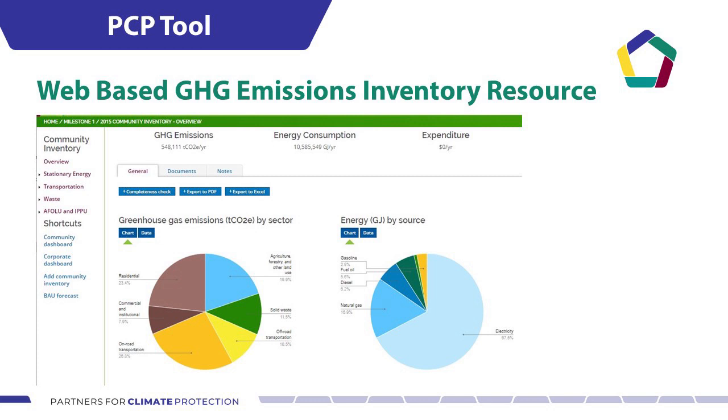So you can enter all of your data into this program, and it'll allow you to see what the emissions look like for both corporate and community. It's free for PCP members. There was a new version released last year in February, so the information here is up to date, and it provides us a way to not only enter data, but to also see what is being put out in a consistent manner.